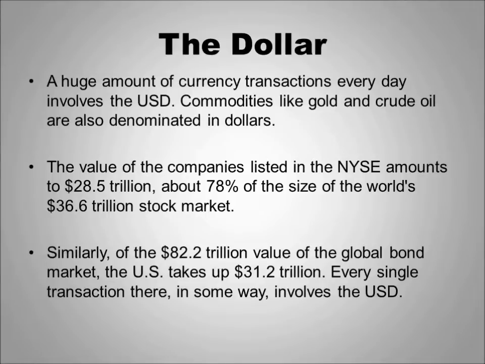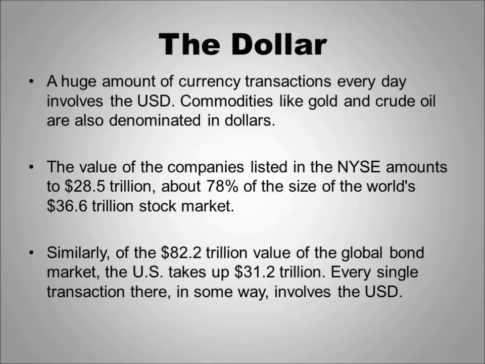Also, the value of the companies listed in the New York Stock Exchange amounts to 28.5 trillion, about 78% of the size of the world's $36.6 trillion stock market. So again, with so many large companies based out of the United States, that creates a demand for the US dollar and also a lot of usage of the US dollar.